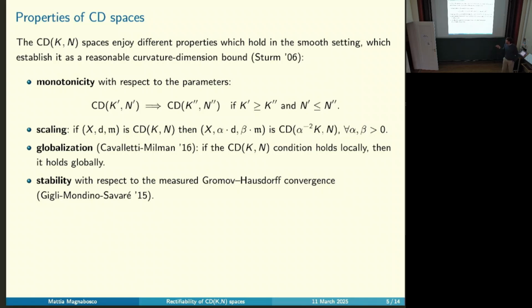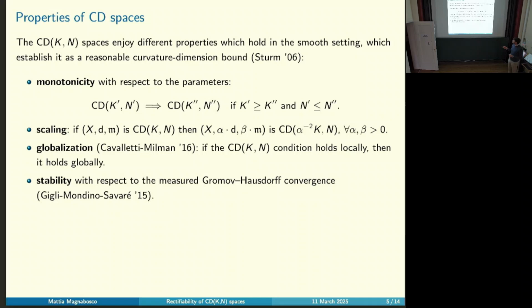Okay. And then probably the most important property of CD spaces is the stability with respect to measured Gromov-Hausdorff convergence. And even if you're not really familiar with this convergence, you can think of this as a very natural convergence for metric measure spaces that combines the Hausdorff convergence for the metric side and the weak convergence for the measure side.